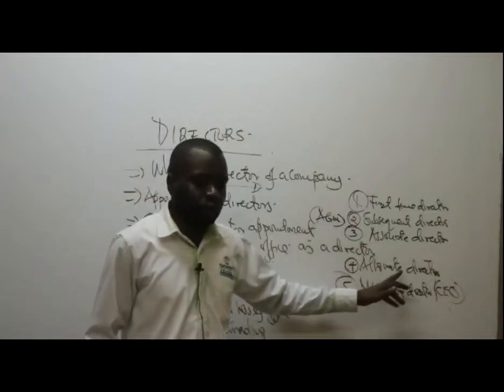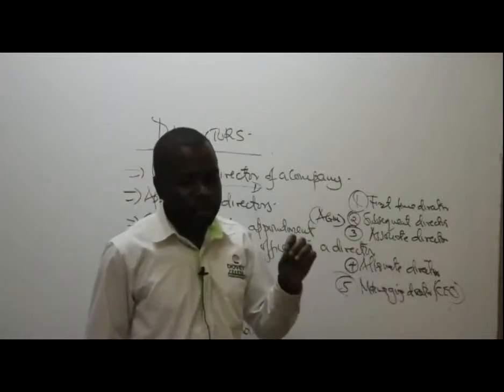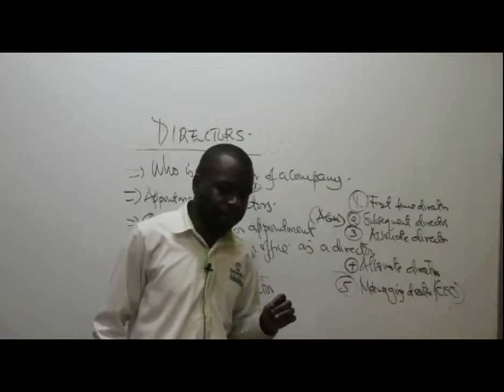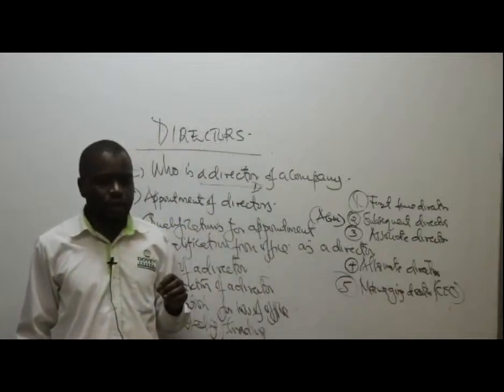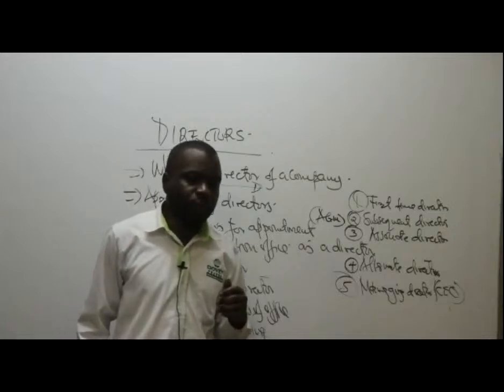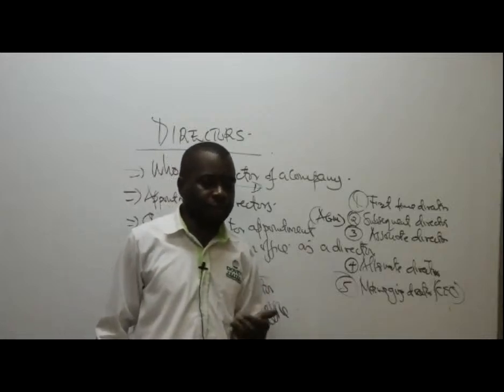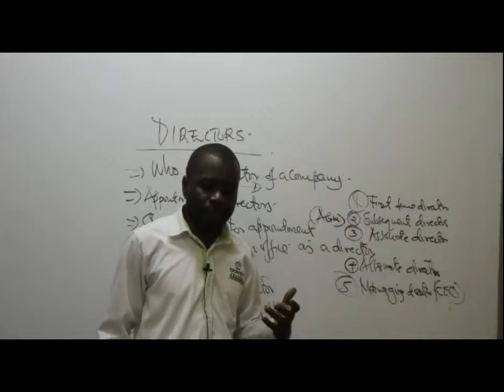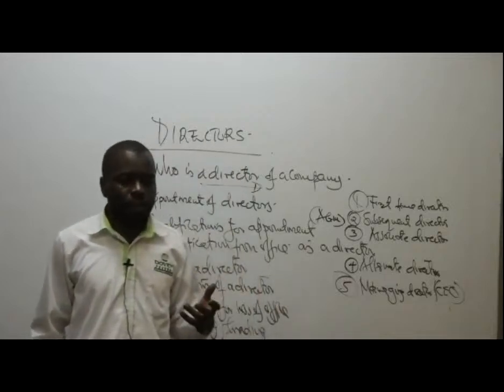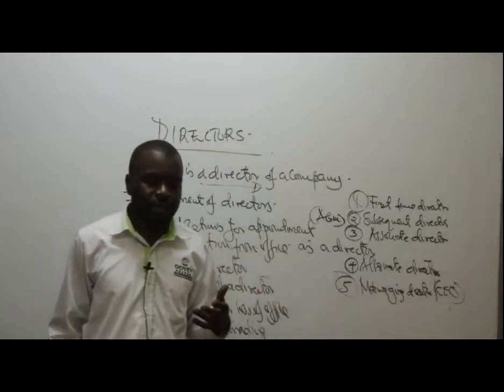Alternate director. Who is an alternate director? You might find that sometimes there's a director serving on the board of directors who is not able to attend the board meetings, maybe due to illness, or maybe he's out of the country engaging in other matters.